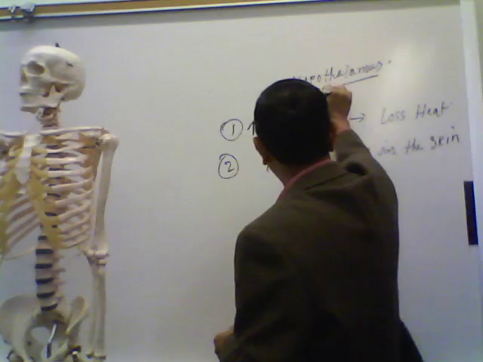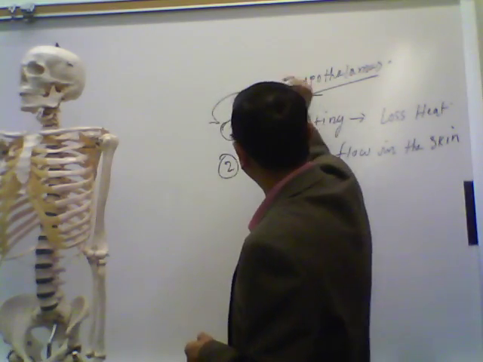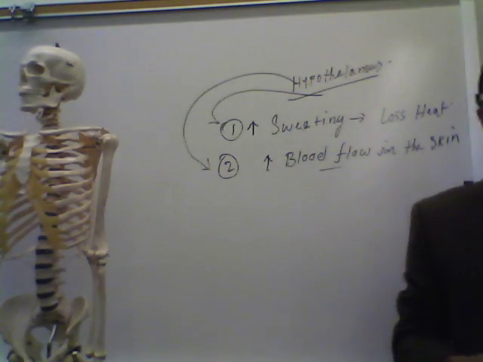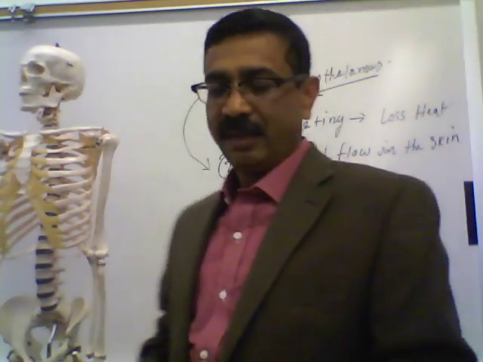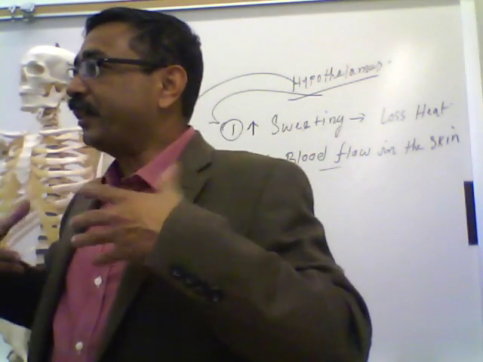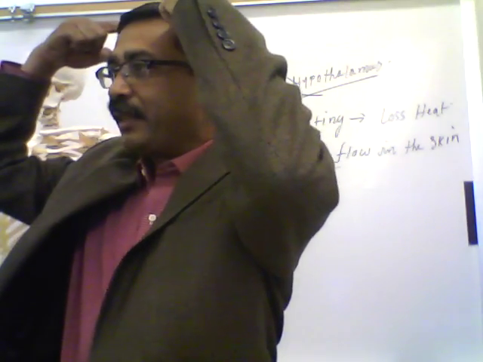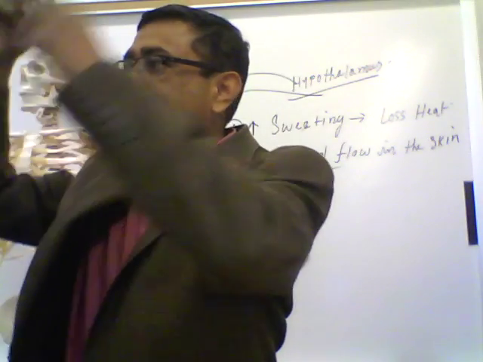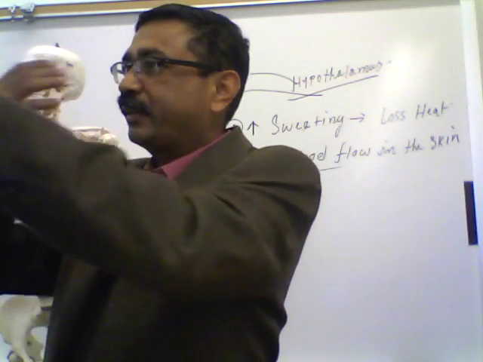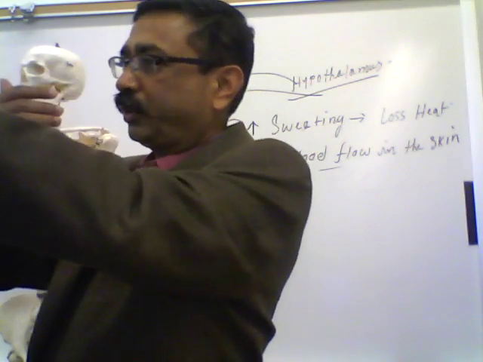This hypothalamus controls the sweating and the amount of blood flow in the skin. If the body temperature increases, the hypothalamus detects that and sends a signal to the sweat glands, telling them to release more water. Water gets out, and that takes a lot of heat out.